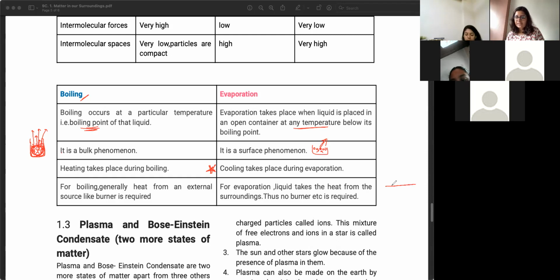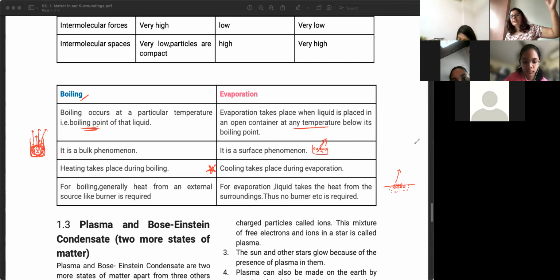So if this is your skin, agar iske upar there's a thin layer of water, abhi ye water molecule ko evaporate hone pe, it needs to take energy from whatever is around it. Now because it is taking away energy, you're feeling that as a cooling sensation. Heating is you're adding heat energy. Cooling is the opposite, you're taking away energy.